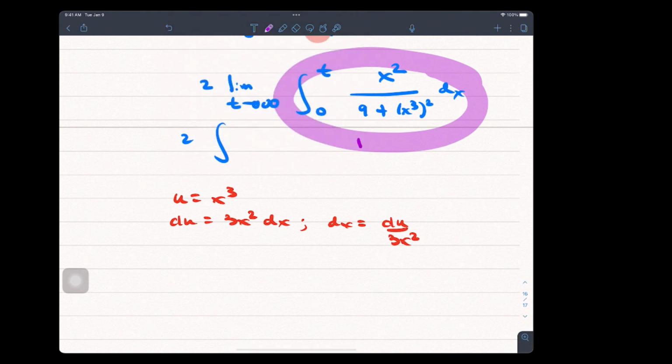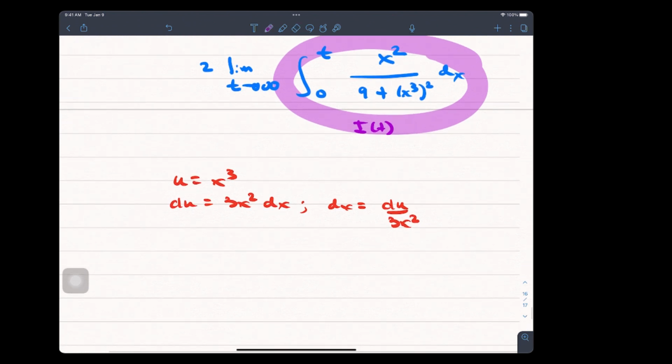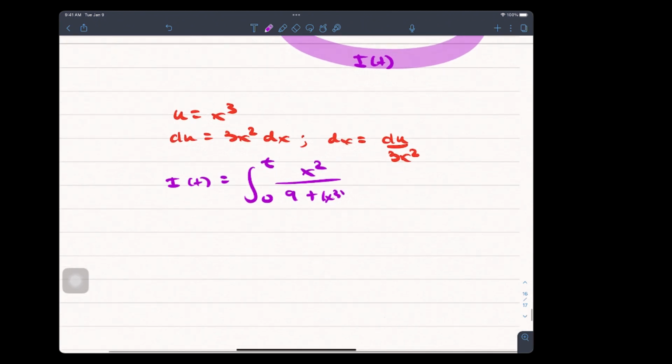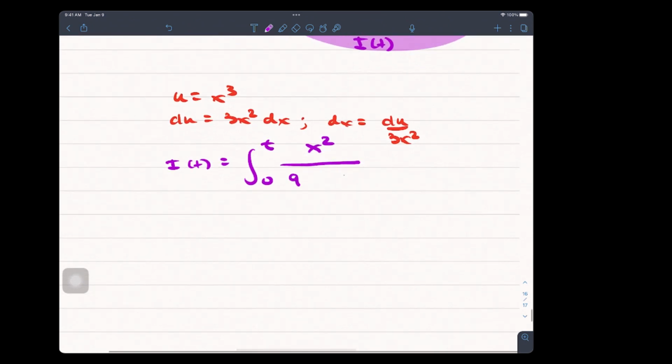So I'm going to do the same exact steps, okay? What I'm going to say is I of t now. Let me get this here. 9 plus x cubed squared dx.